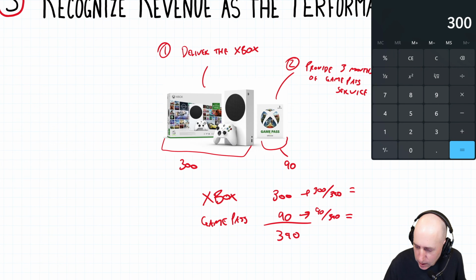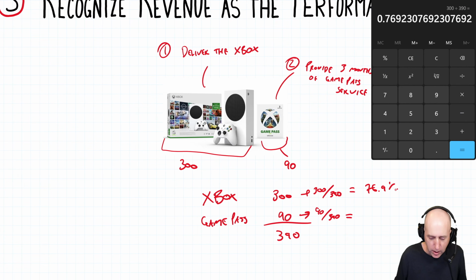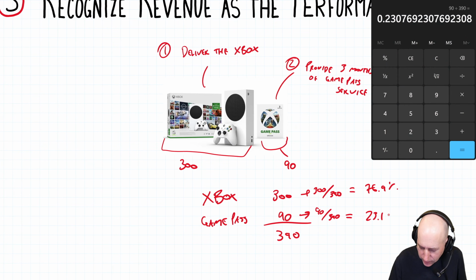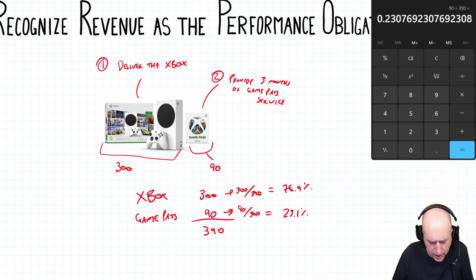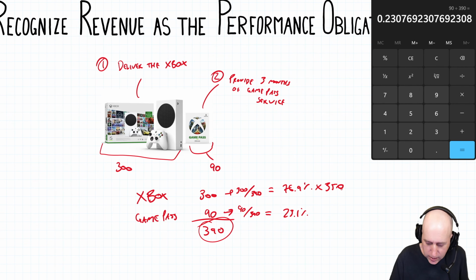So 300 divided by 390, we'll call it 76.9% of this revenue is Xbox revenue. 90 divided by 390, 23.1% of this revenue is Game Pass revenue. And then I say, well, okay, I didn't earn $390 in revenue. I only earned, as Microsoft, I'm only going to earn $350. So 76.9% of the price of the bundle is $350. And 23.1% goes to Game Pass.